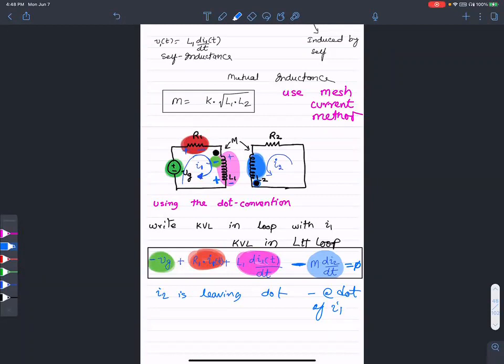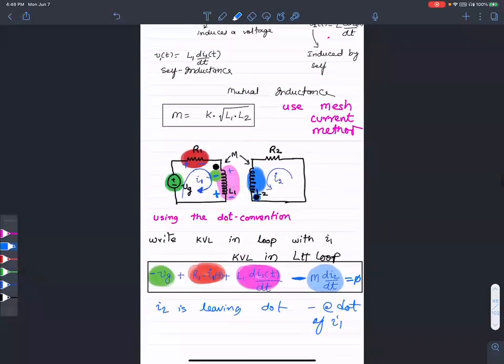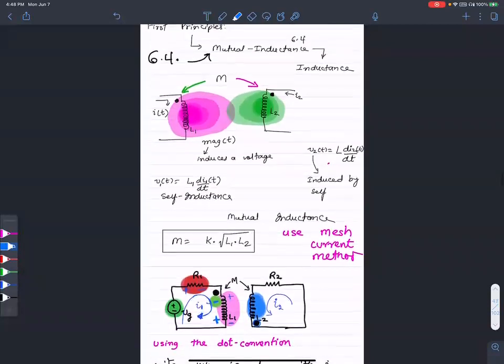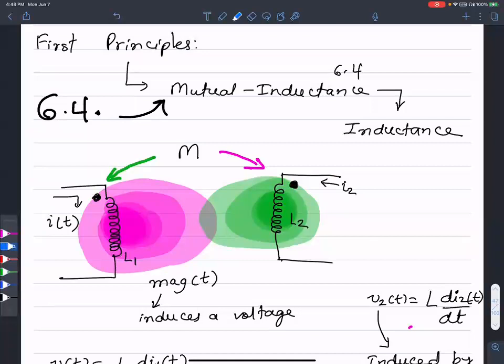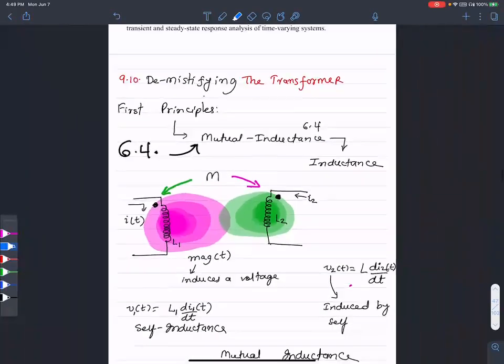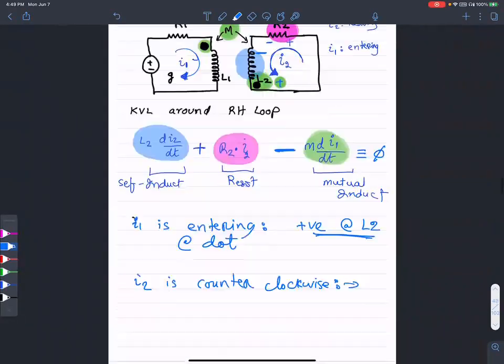So this is the fundamentals of a transformer. There are two coils, two inductors that are so close that one has an effect over the other. So let's go to number 10 here.